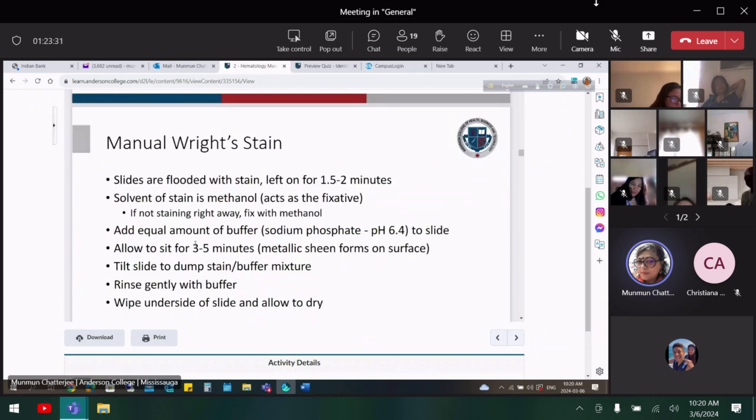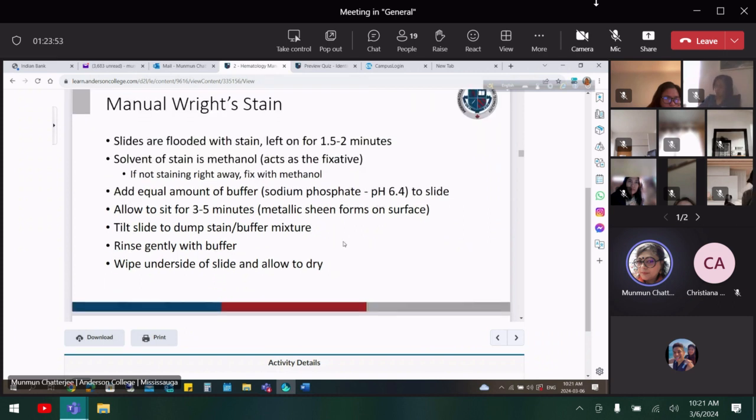So how do we do it manually? First, slides are flooded with stain, left for 1.5 to 2 minutes. The solvent for the stain is methanol, as we told you, and methanol acts as a fixative. If not staining right away, fix with methanol.